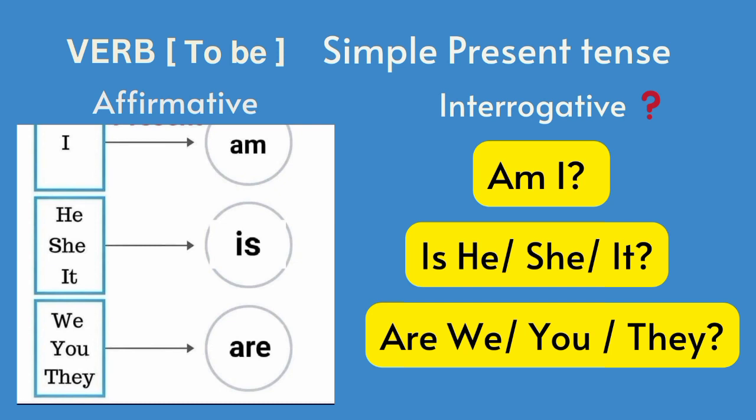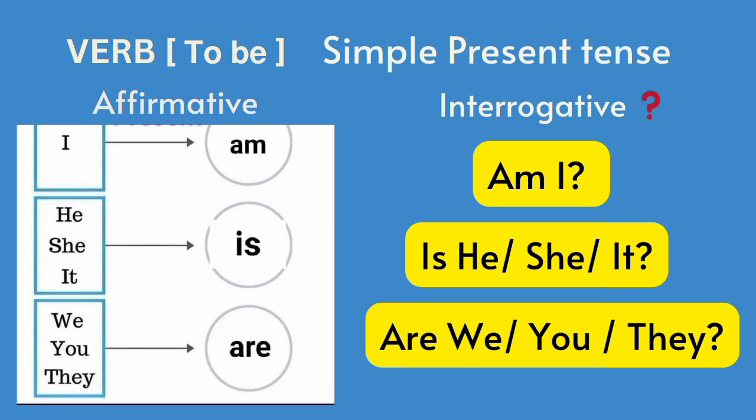Now let us take a look at how we can use the verb to be in the question form. I am changes to am I. As an example, am I an English tutor? And the answer to that is yes, I am.